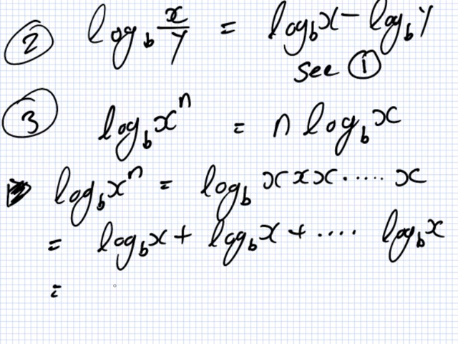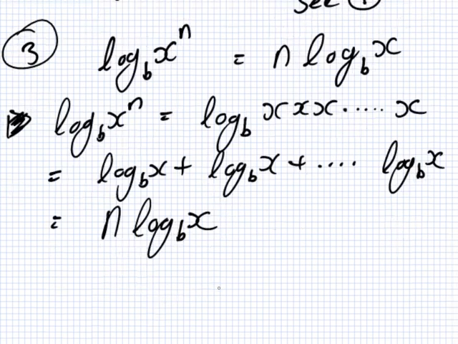So this is n log_b x. So it's the end of proof 3. Okay, got that one? Yep.